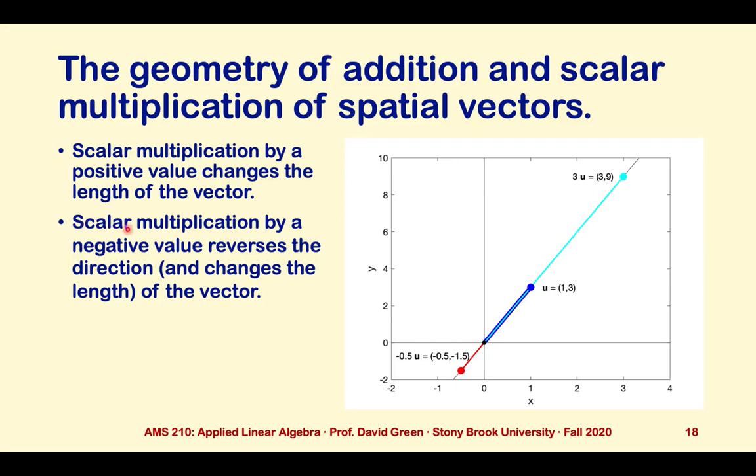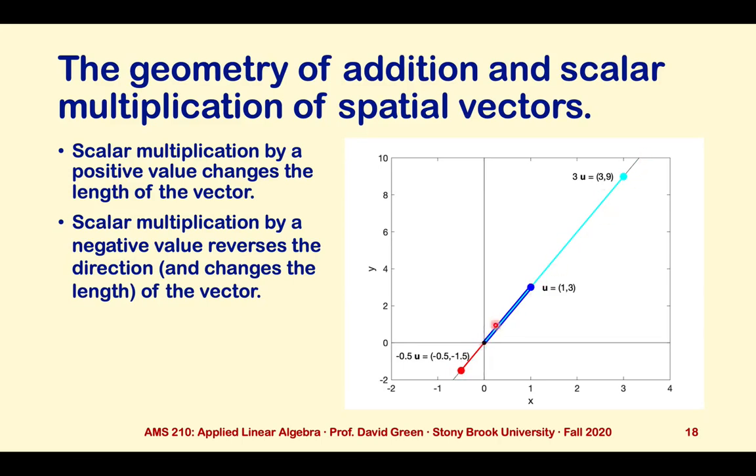If we multiply by a negative number, say for example -1/2, again the rule is that we multiply both elements by the same scalar. So 1 times -1/2 is -0.5, and 3 times -1/2 is -1.5. That's this point here. It lies on the same line.